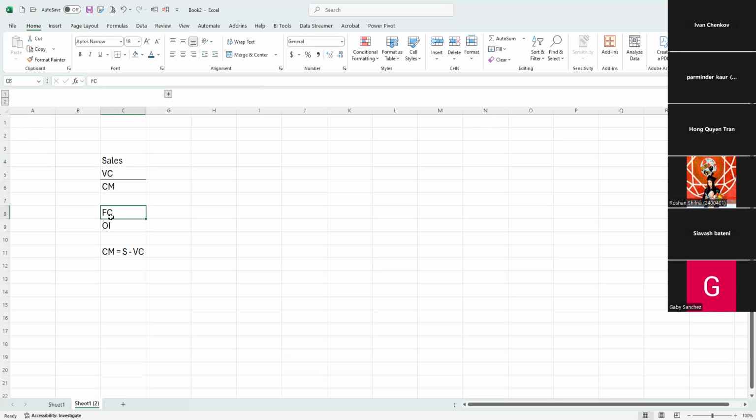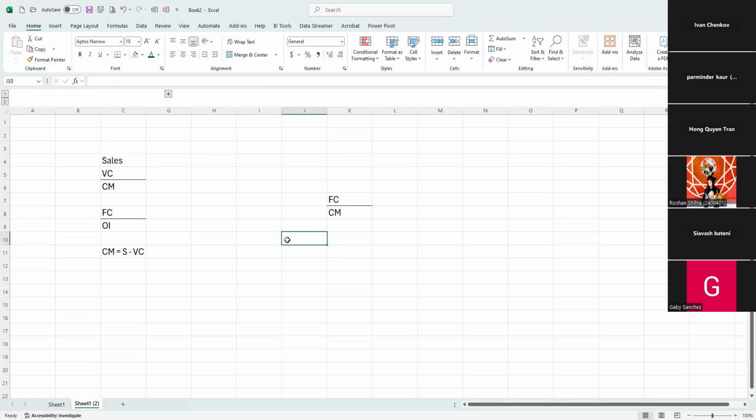Once the contribution margin is equal to the fixed cost, my operating income will be zero. Now, what do I need? I need the fixed cost and I need contribution margin. So basically, I'm going to have fixed cost divided by contribution margin. That's the formula. Make sense?